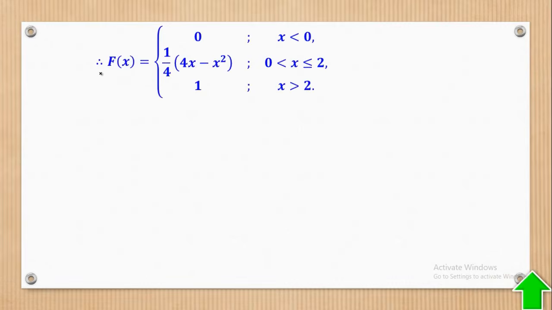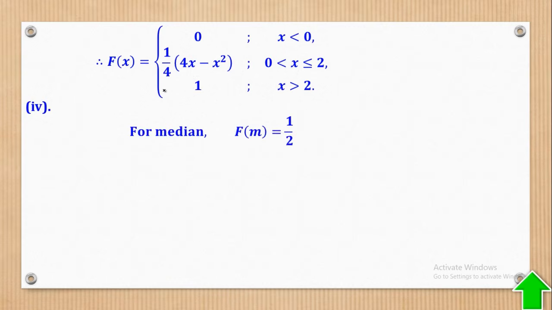Therefore capital F(x) is given by that. So for x less than 0 it was 0, between 0 and 2 it was that, and greater than 2 it was 1. So always for cumulative the last value here must be 1.